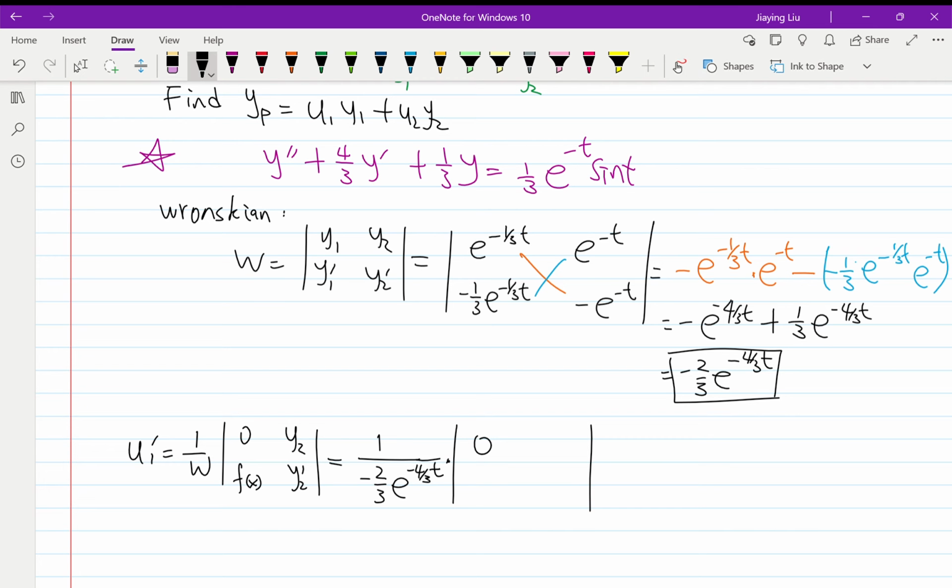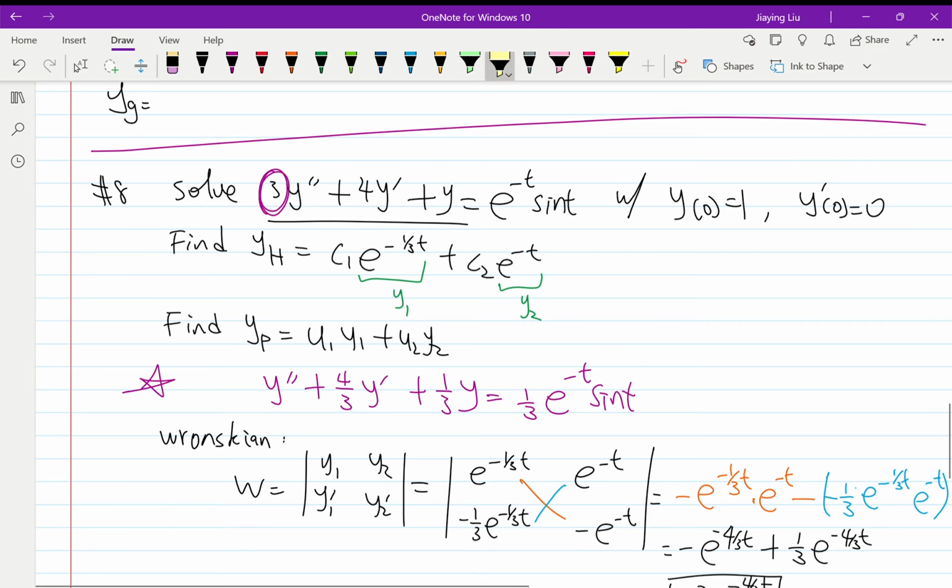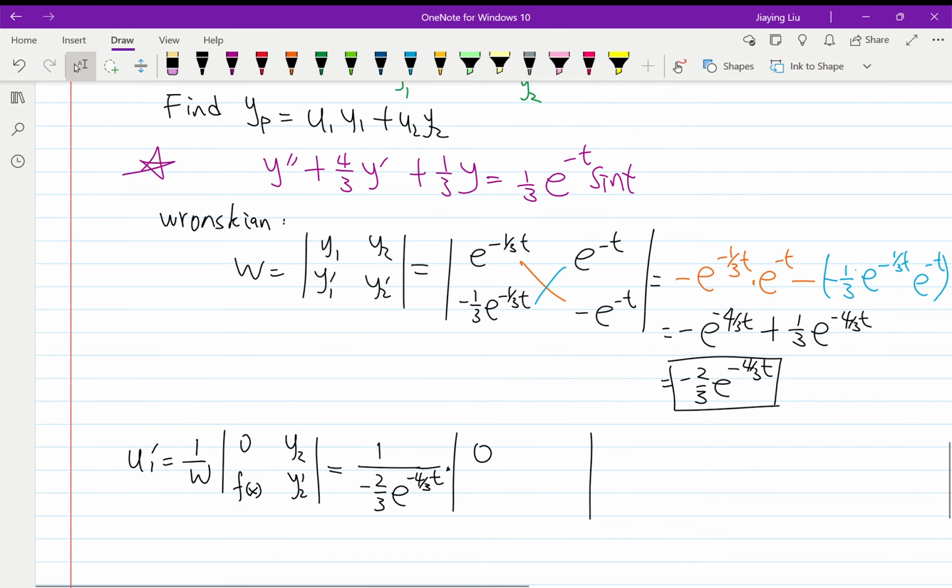So f of x here is not the original f of x we were given at the beginning, because now we're working with this. This is the differential equation we work with to find a particular solution. So f of x is coming from the right-hand side there, which is 1/3.